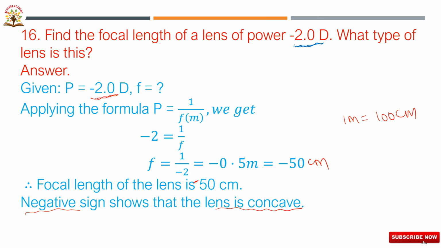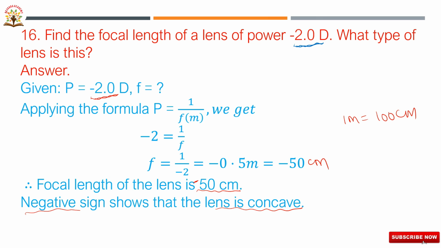Focal length of a convex lens is positive. If we get the focal length with a negative sign, then we can easily say that this lens is concave. If focal length is positive, the lens is a convex lens. Now in this question, we are getting focal length as minus 50 centimeters, so the negative sign shows that the lens is concave.